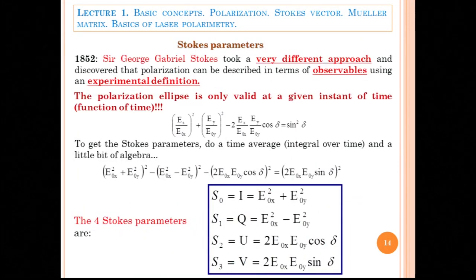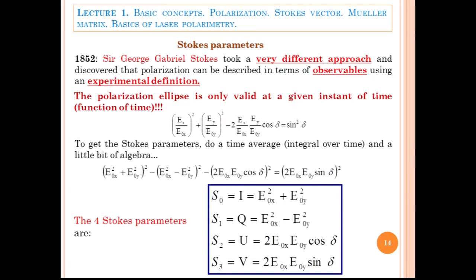So let's start with the Stokes parameters. The model experiment you saw is only a calculation. But how can one measure directly from intensity measurements this polarization, and say that this one is linear, this one is circular, this one is even partly polarized, and this one is elliptical?